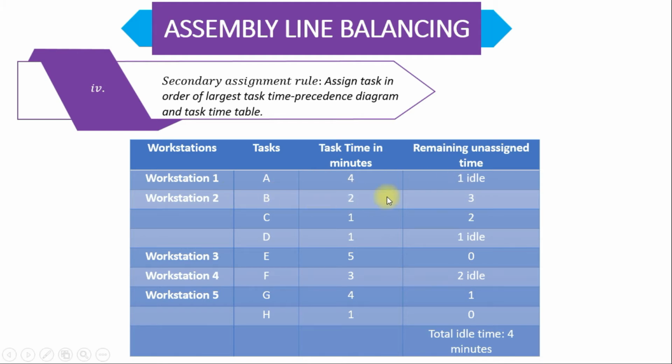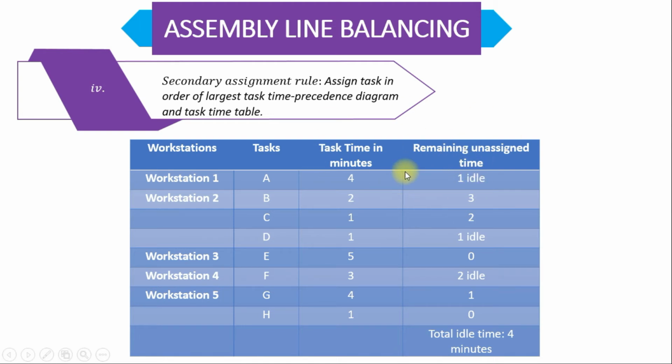Can we complete the next task in the 1 minute? It's not possible because task B is the next task. It requires 2 minutes and the time remaining is 1 minute. So since we can't complete task B in 1 minute, this 1 minute becomes idle time.